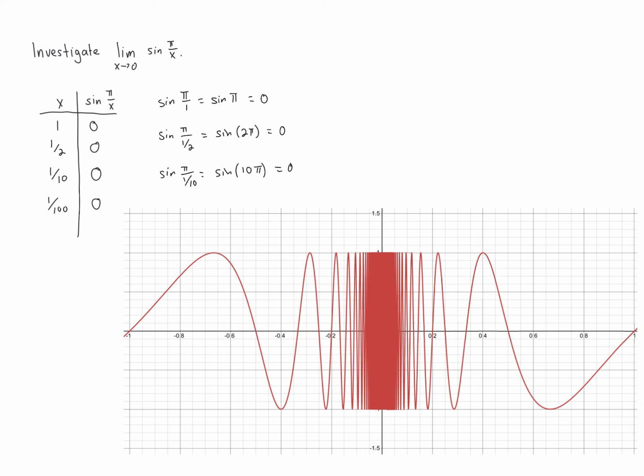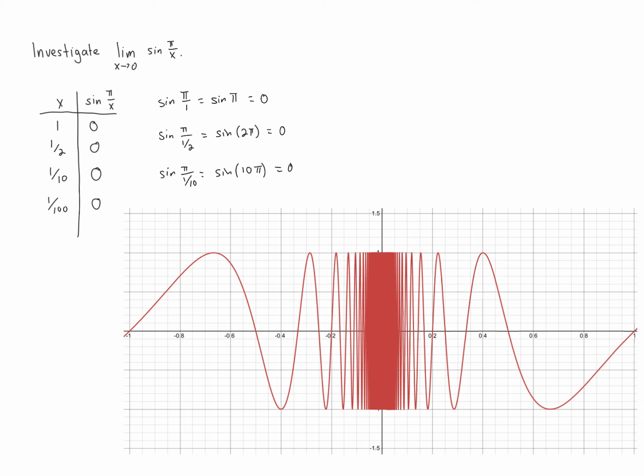And we know that there are an infinite number of fractions in the form 1 over an integer between 0 and 1, right? 1 over 3, 1 over 4, 1 over 5, 1 over 6, 1 over 7, 1 over 8, 1 over 9, 1 over 10, etc., infinitely many. And so this oscillates back and forth an infinite number of times.